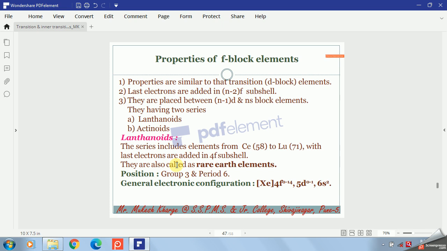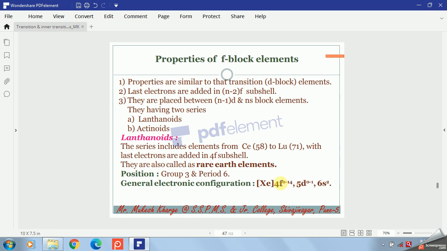Lanthanide is the name. What is the position of the lanthanides in the periodic table? Group number 3, period number 6, after lanthanum. What is the general electronic configuration? Xenon, atomic number 54. Then electrons are added in the 6s orbital because we have to follow the n plus l rule, then 5d, and then 4f.